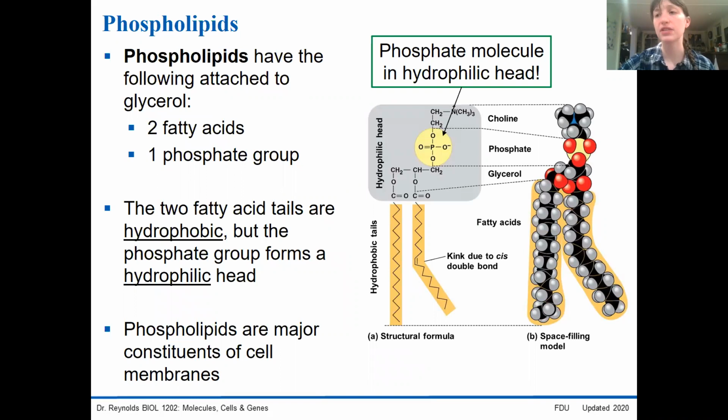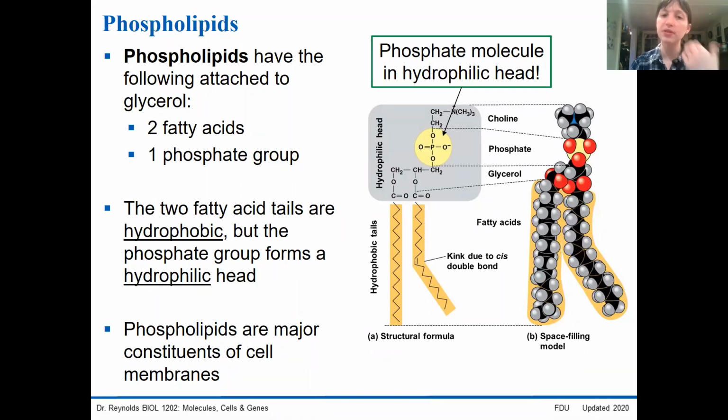Now, phospholipids are going to have 2 fatty acid tails, just like fats do. One of them will be saturated and one will be unsaturated. But that 3rd carbon in the glycerol is going to have a phosphate group attached. You might recall from our functional group lecture that that phosphate is hydrophilic. So one side of the molecule will interact readily with water via hydrogen bonding, but those hydrophobic fatty acid tails will not.